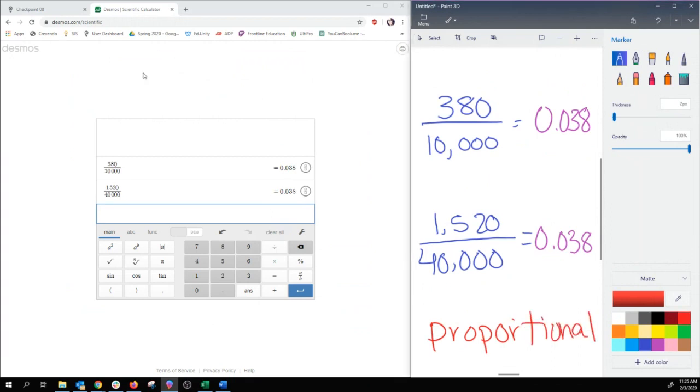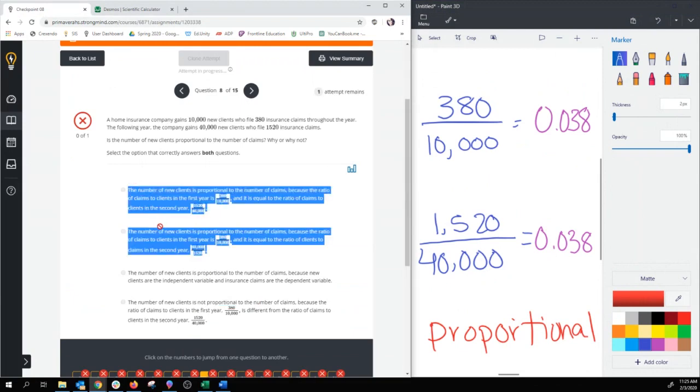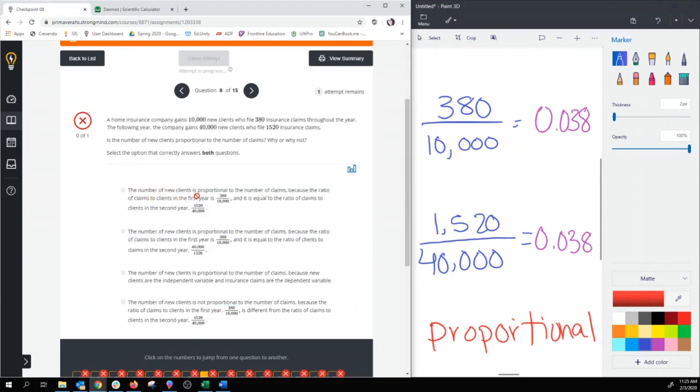So now we just have to figure out which one of these is correct. So that says is not proportional. So it looks like we're looking at these top two here. The number of new clients is proportional to the number of claims because the ratio of claims for the first year is equal to the ratio of claims from the second year.